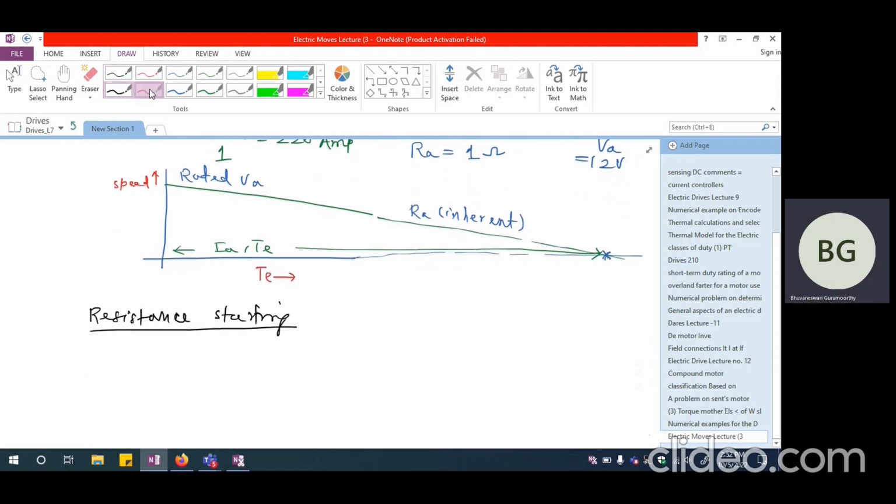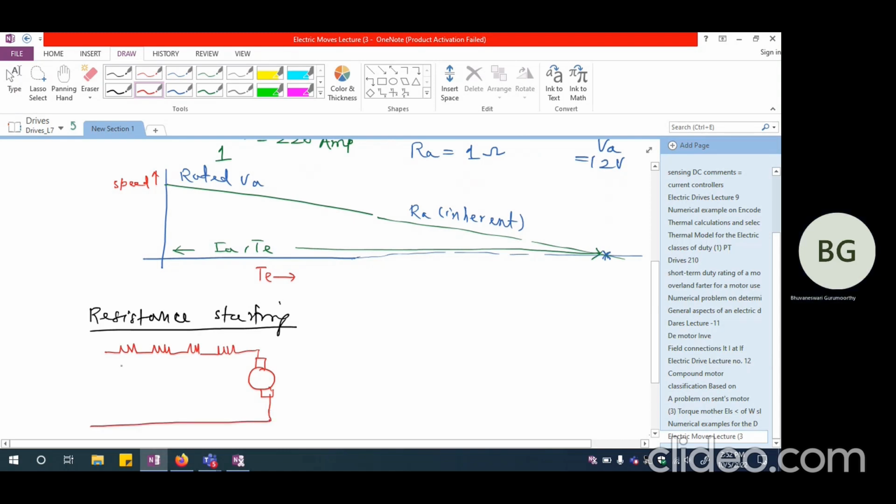If it is a separately excited DC motor drive, I'm going to have the armature like this. To the armature, I'm going to connect multiple resistances in series. I'm showing 4 resistances here which are connected in series, and each of them is going to have a switch connected.